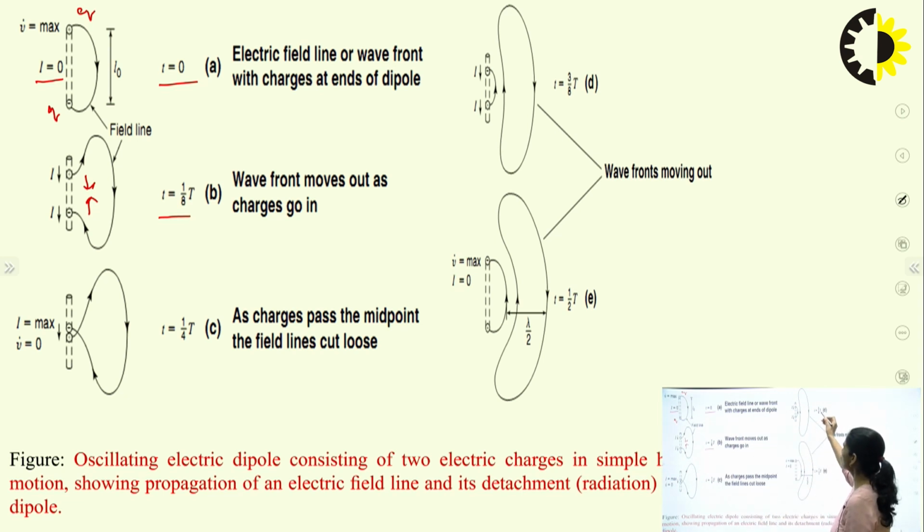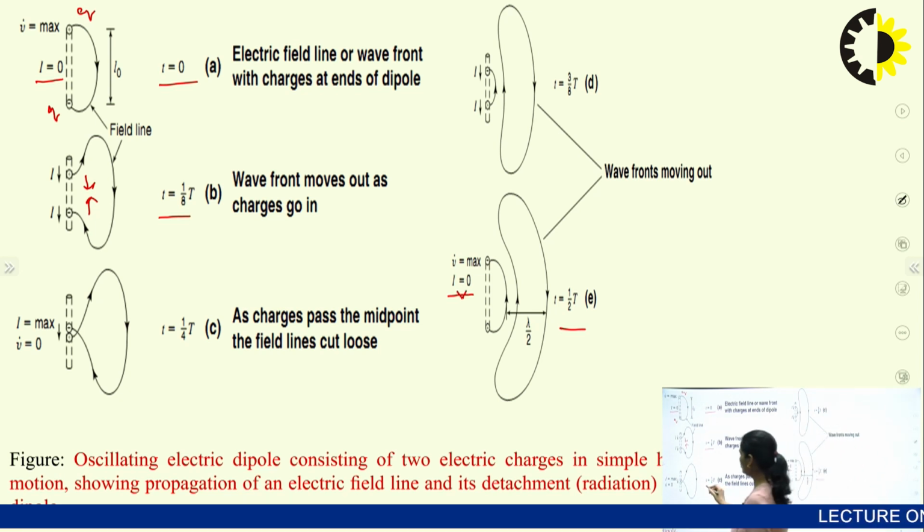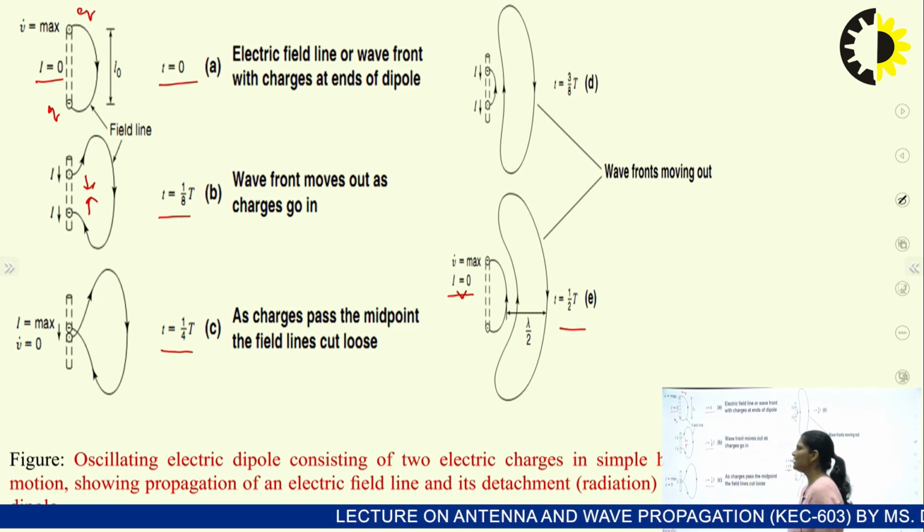Now let us consider another case, t is equal to 3T by 8. Whenever we are increasing the time, we go from t equal to T by 8, to t equal to 3T by 8, to t equal to T by 4. Now the maximum time is t equal to T by 2. When t is equal to T by 4, I is maximum here and oscillation is minimum.